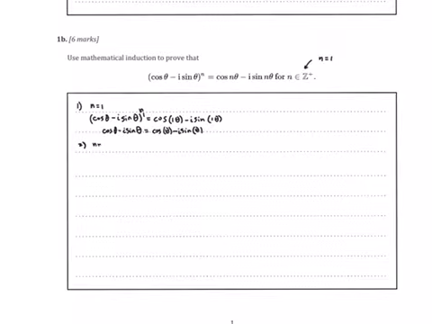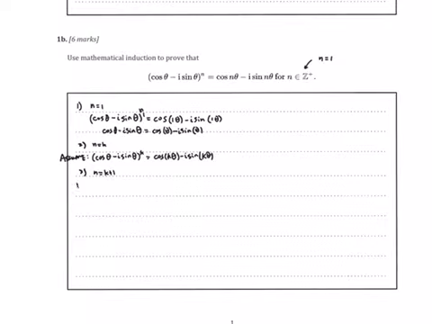We're going to use the assumption that this works for n equals k. Therefore, cosine of theta minus i sine of theta to the k power is equal to cosine of k theta minus i sine of k theta. Now this is the assumption step, so we're going to assume that this is true, and we're going to use it in step 3.